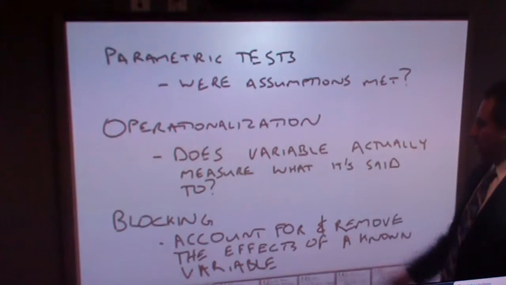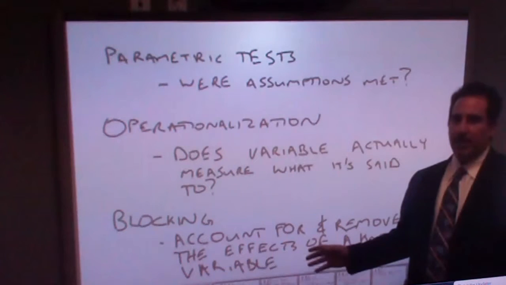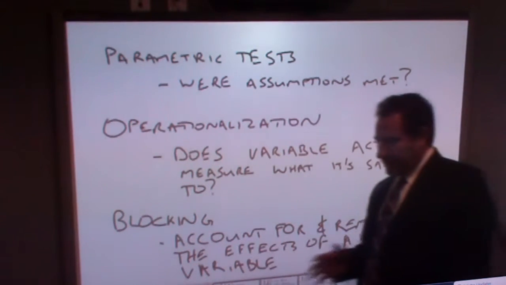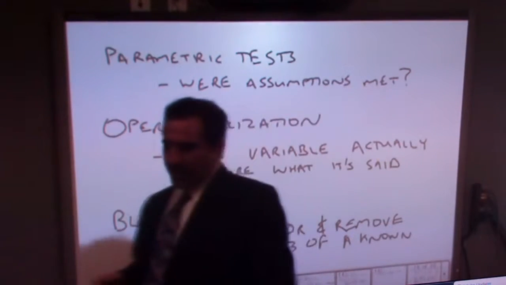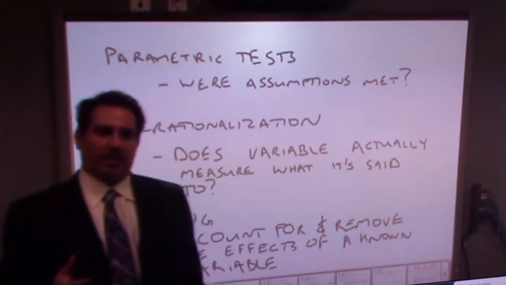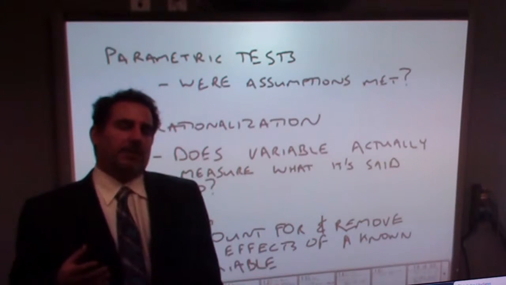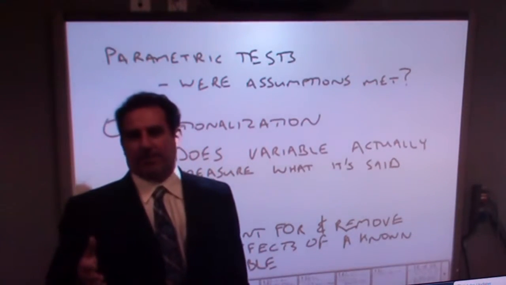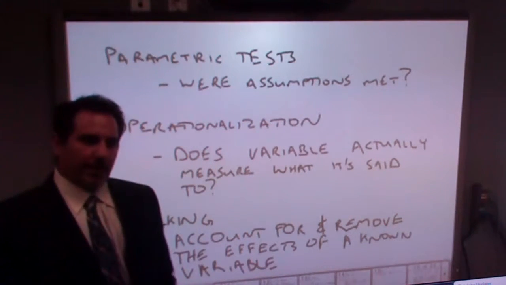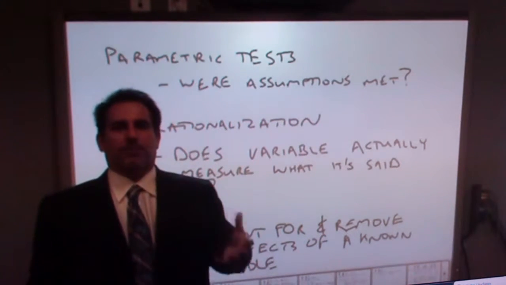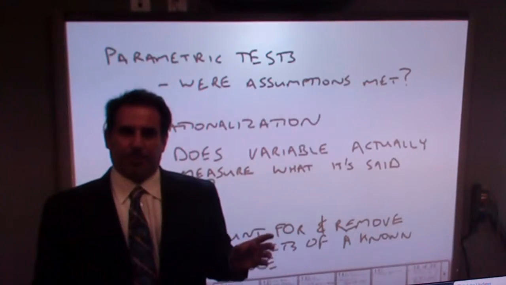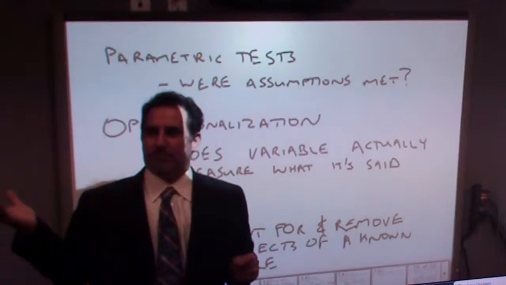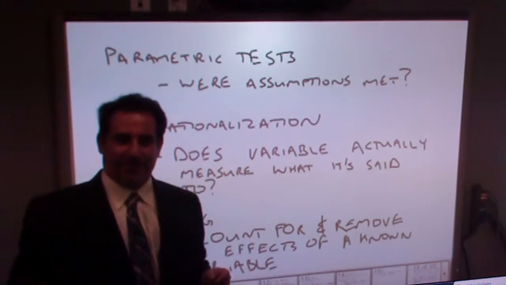Okay, and then blocking. Blocking means that you account for and remove the effects of a known variable. And let's take, for example, that you want to study whether or not drinking Gatorade makes you run faster. And let's just say that Group A is the Gatorade group, and Group B is, let's say, the Sprite group.